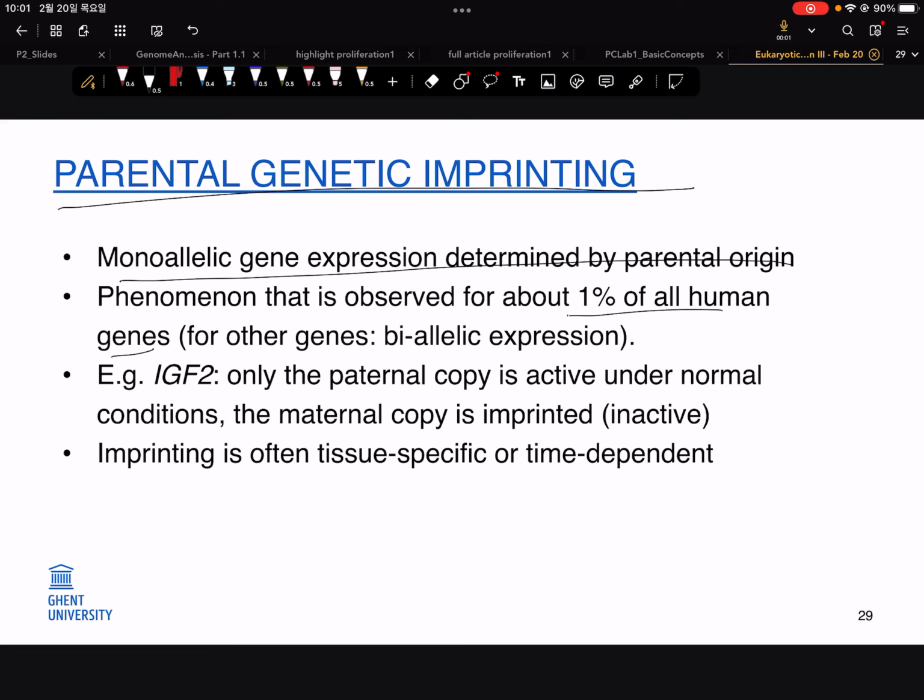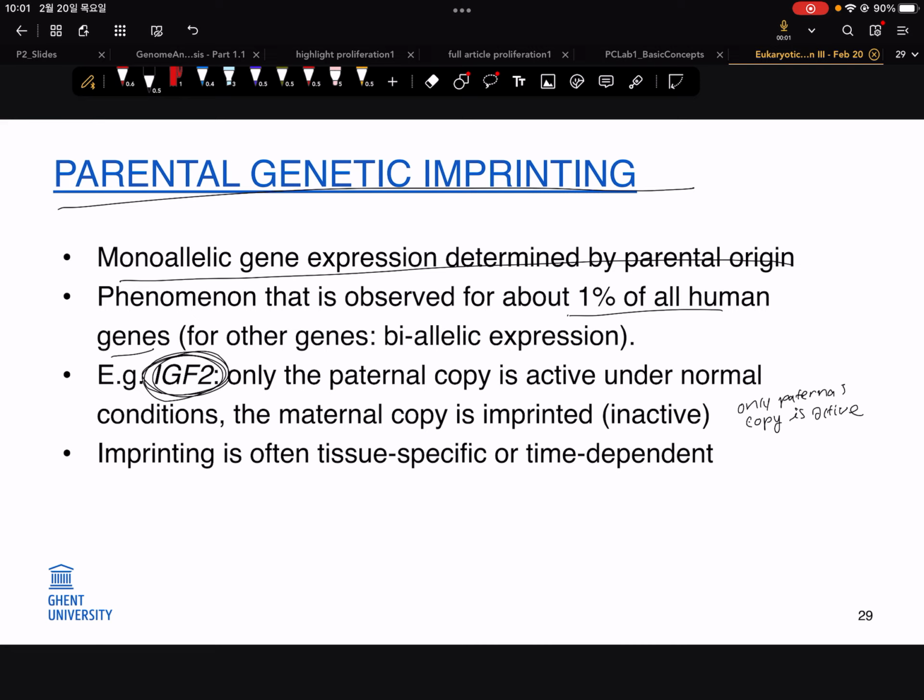For example, a very well studied example, IGF-2, is one of those imprinted genes. In IGF-2, only your paternal copy is active. The maternal copy of IGF-2 is silenced. So under normal conditions, in normal human beings, only your paternal allele of IGF-2 is expressed.